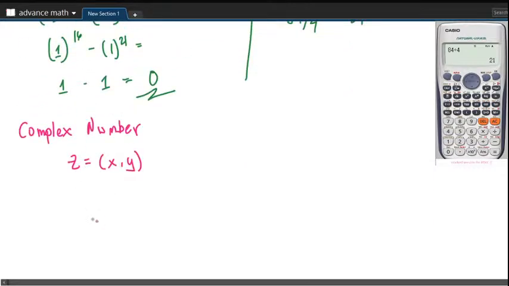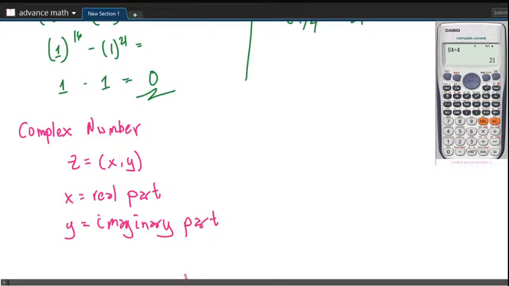Our x is called the real part, and our y is called the imaginary part.